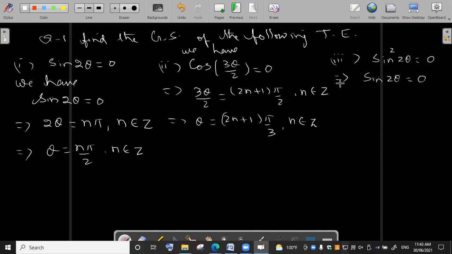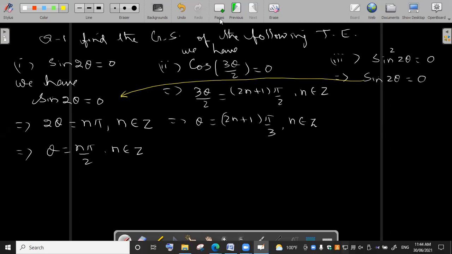That is why we can write sine 2 theta is equal to 0. Now it becomes the same question, same answer. You can proceed. So these are the first type of questions where we have given 0.